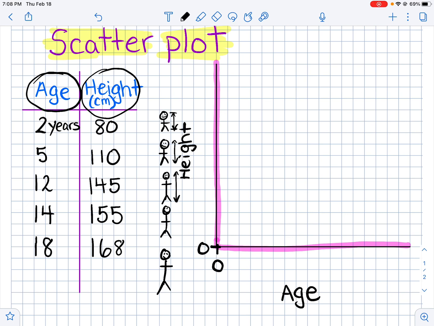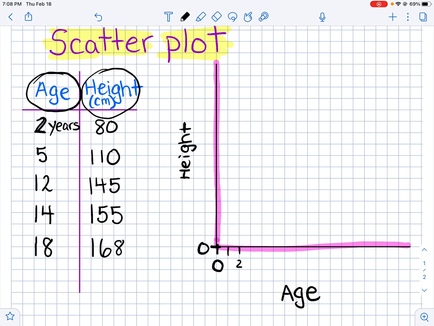And then I'm going to pick a scale. I'm going to take away my people and make a scale. So the age goes from 2, 5, 12, 14, 18. I'm going to go up by 1.